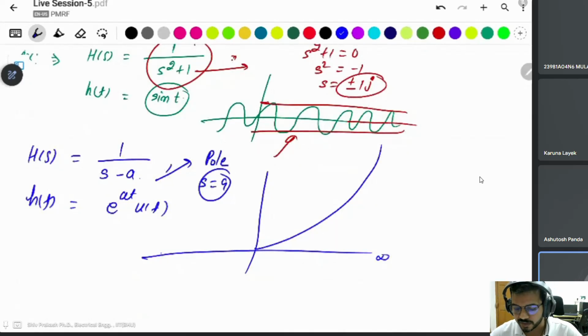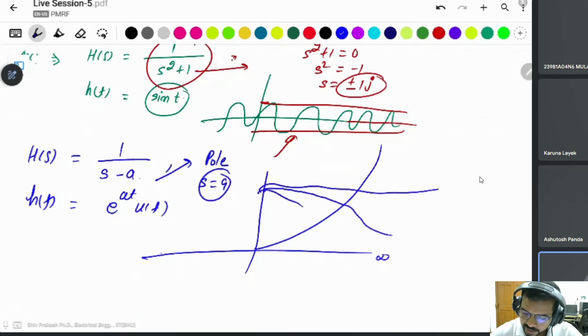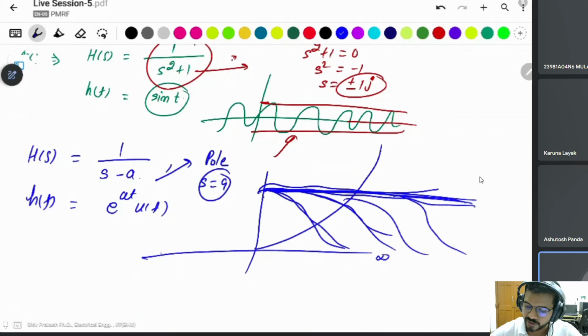In an unstable system, you can't predict the final value. If any system is bounded, then you can predict its final value; it will converge to 0 or be a constant.